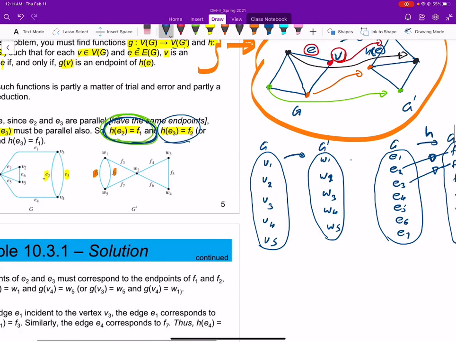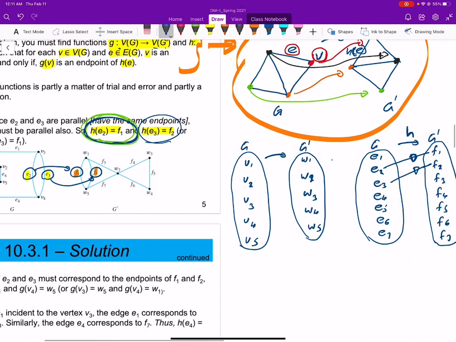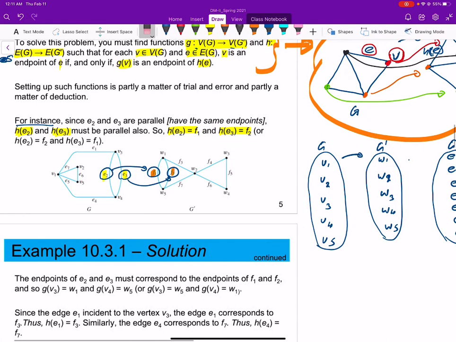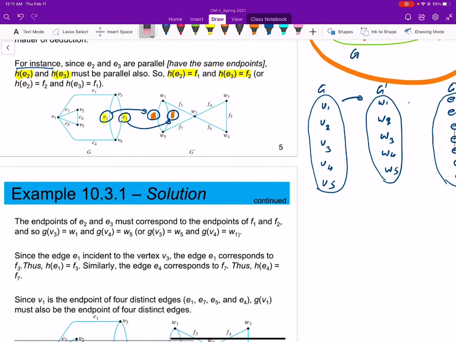That means this edge maps with that edge, and this edge maps with that edge, which is marked here already. Now go down.